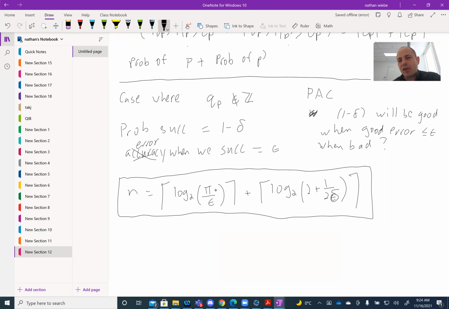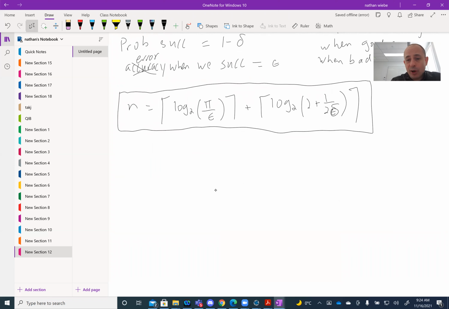However, in the majority of the cases, 1 minus delta will be good. Now, for all practical purposes, what we normally will want to do is pick delta to be some value that is less than 1/2. Usually 1/3 is kind of customary.